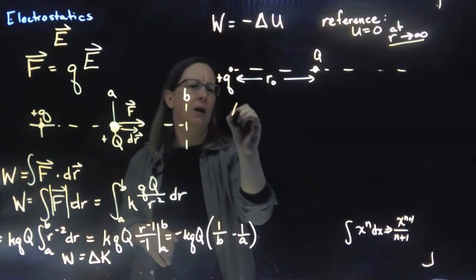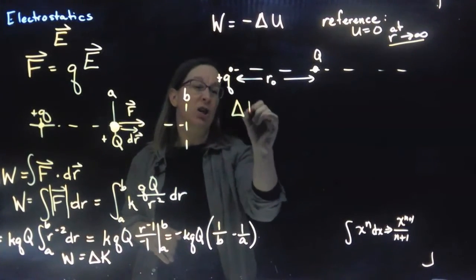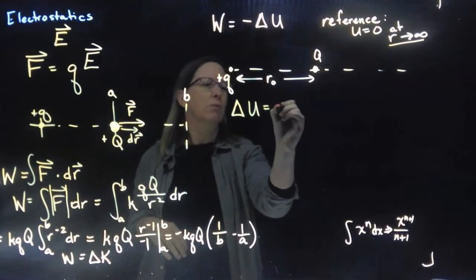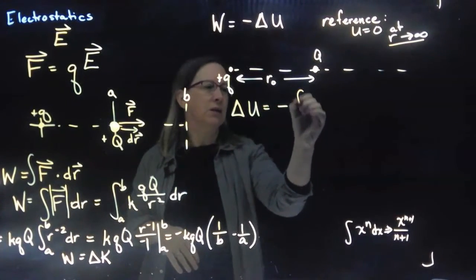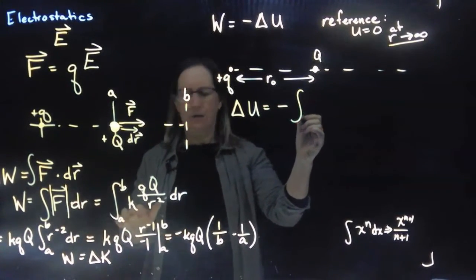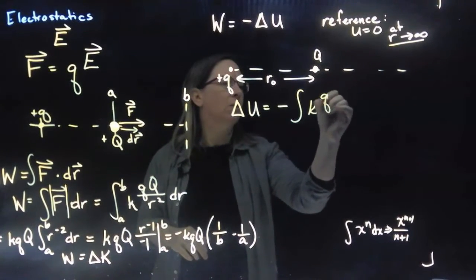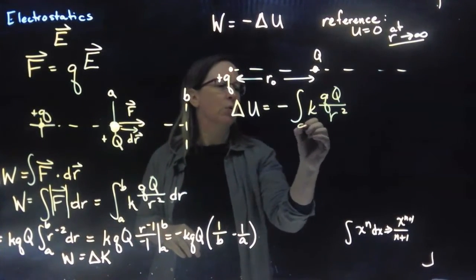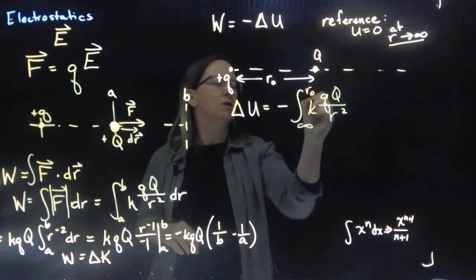So we would say our change in potential, where 0 is way out there, is equal to minus the work. So we've got this same integral, minus kqQ over r squared, and now we're going from infinity to r0.